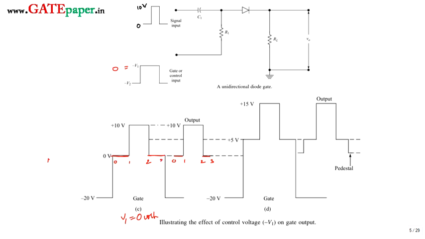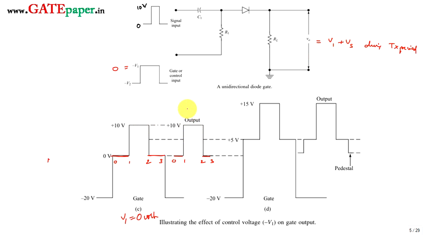During the transmission period between 1 and 2, a signal of magnitude 10 volts is applied, and that 10 volts is added to 0, because V0 equals V1 plus Vs during the transmission period. So 0 plus 10 is 10.